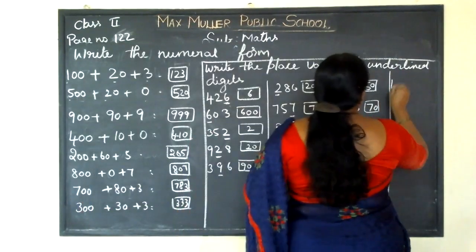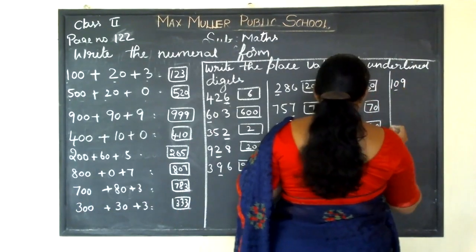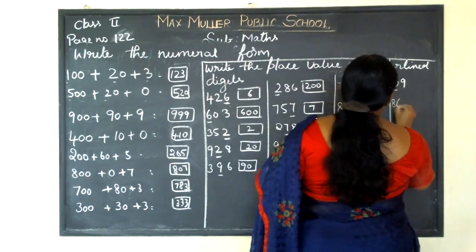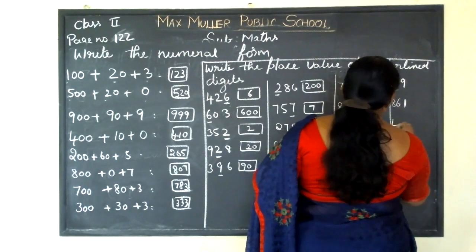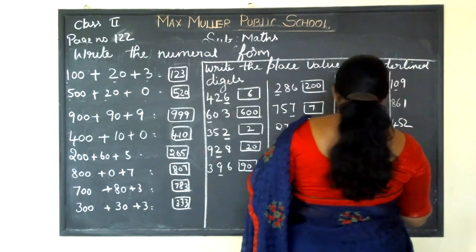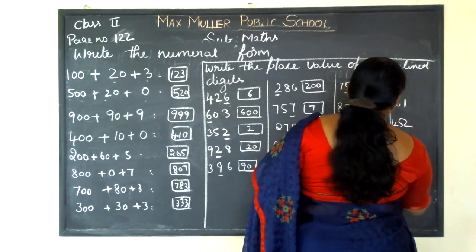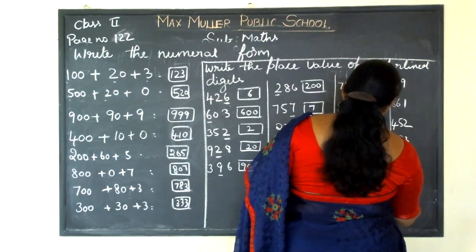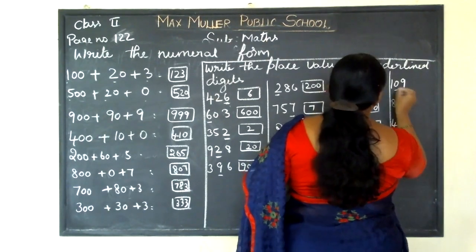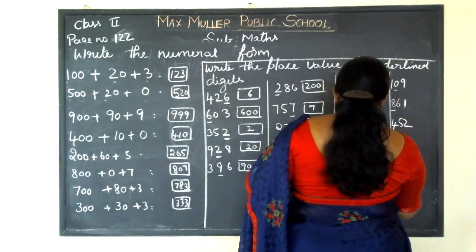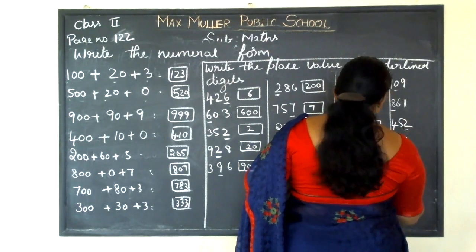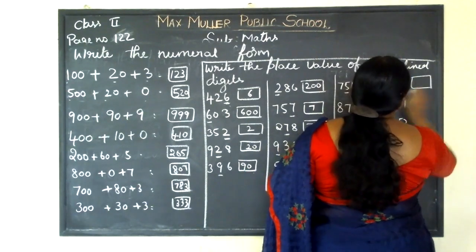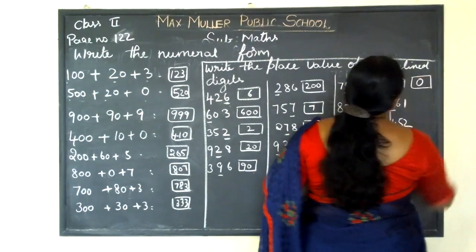Now here 109. 861. 452. 393. 209. 823. See here 0 is in tens place, you want to write 0 only.